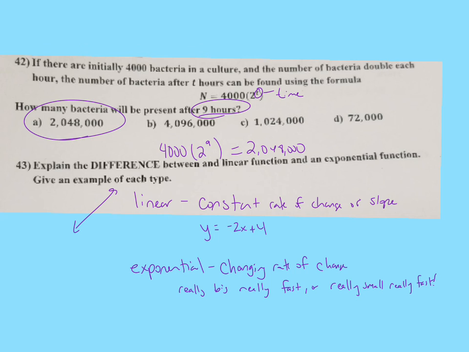Alright, so it could either look like this, or like that. So here's an example: y equals 1/5 to the x. That's the variable in the exponent, so it's an exponential function.